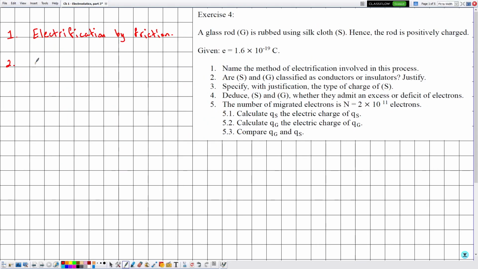Let me say, since friction is used to charge or electrify insulators, then S and G are insulators.